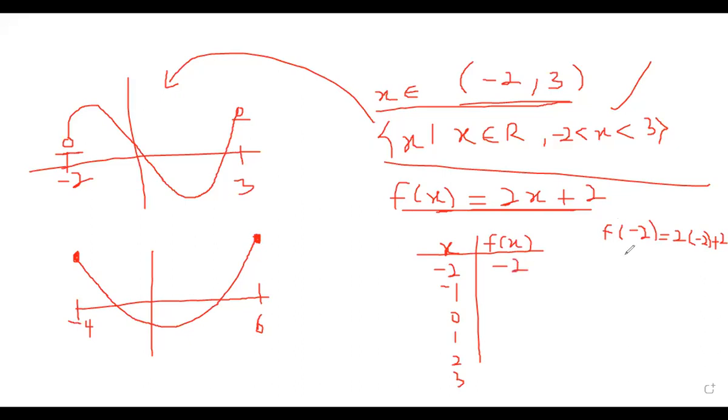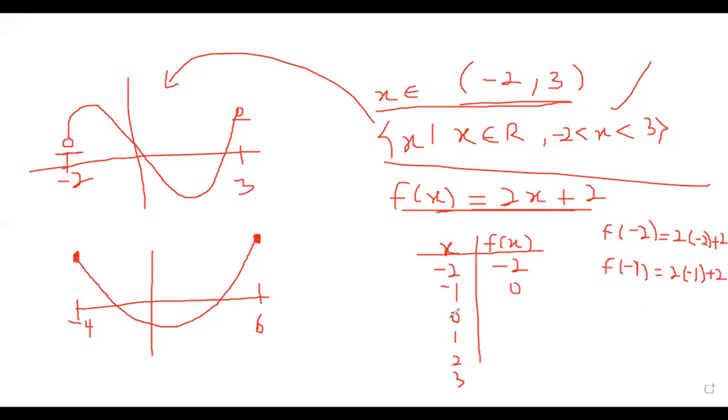Then the next one, if x is -1, f at -1 will be 2 times -1 plus 2, which will be 0.